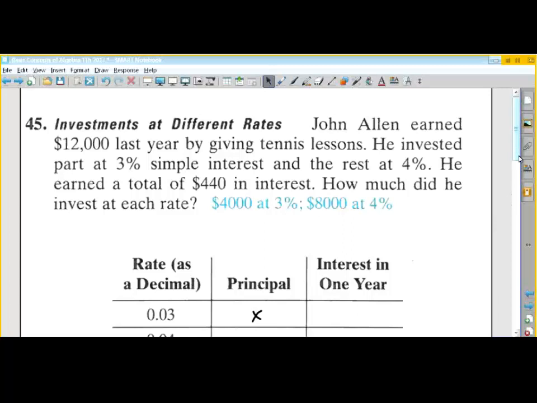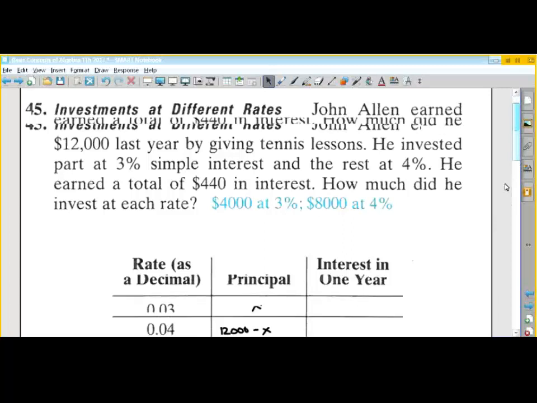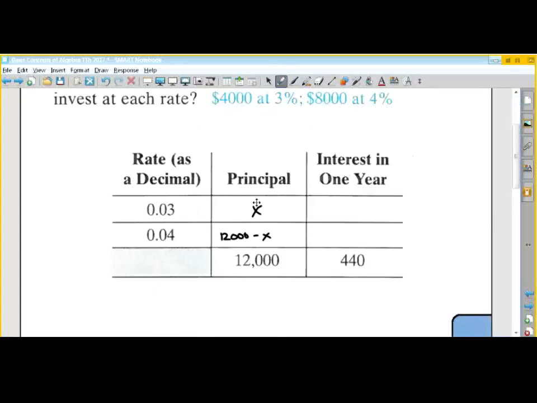So once you have that part done, you can calculate the third column. The amount of interest on X principal at 3% is just going to be 0.03 times X. And the amount of interest at 4% is going to be 4% in decimal form times 12,000 minus X. And the total amount of interest in 1 year is just going to be the sum of the interest for each account.